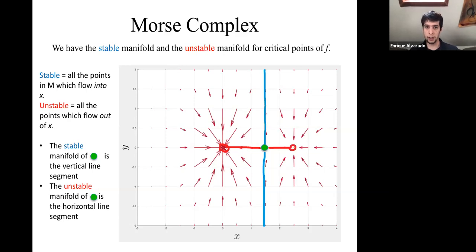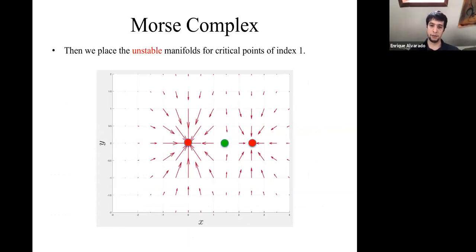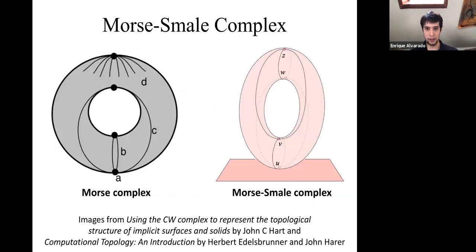So in the next slide, we have the unstable manifolds of the critical points of index 0, and then in the next slide we have the unstable manifold for the critical point of index 1. And that's like attaching a one cell to the previous 0 cells, which represented the unstable manifolds of the other critical points. Okay, I think that's it for this slide.